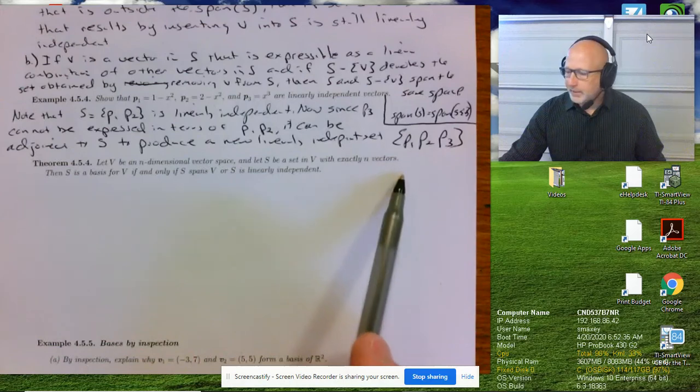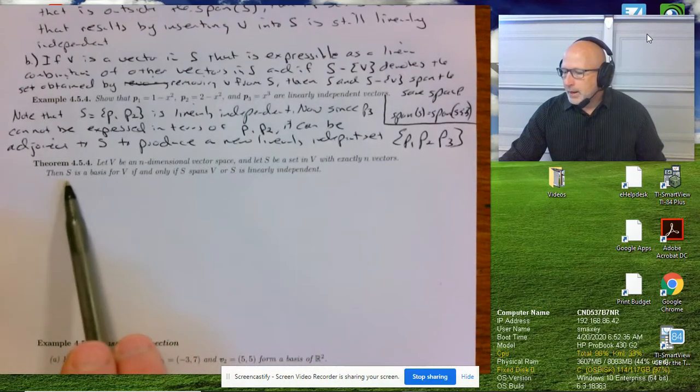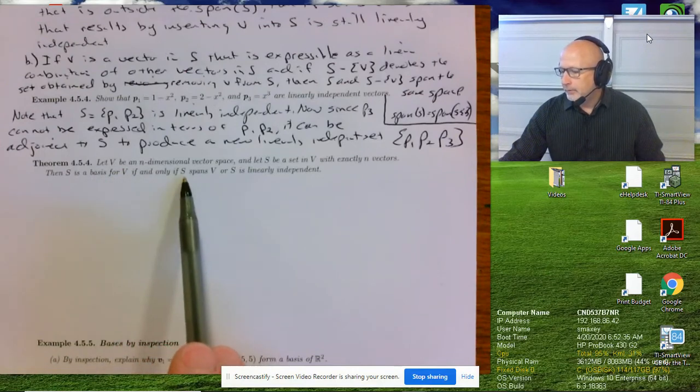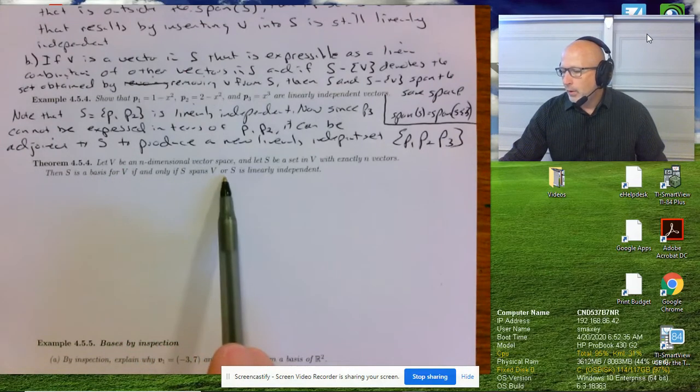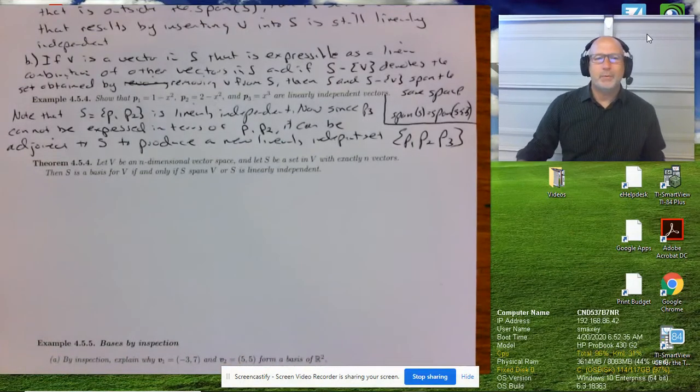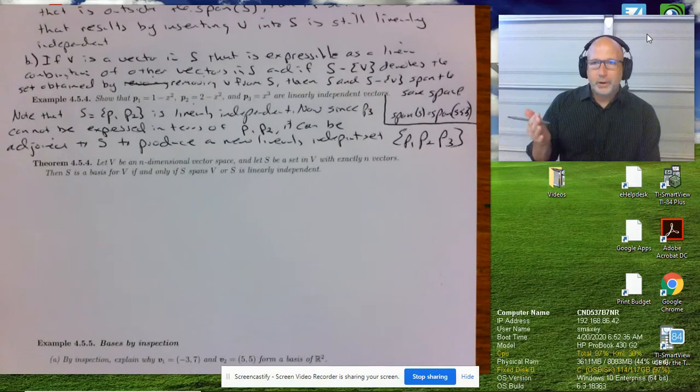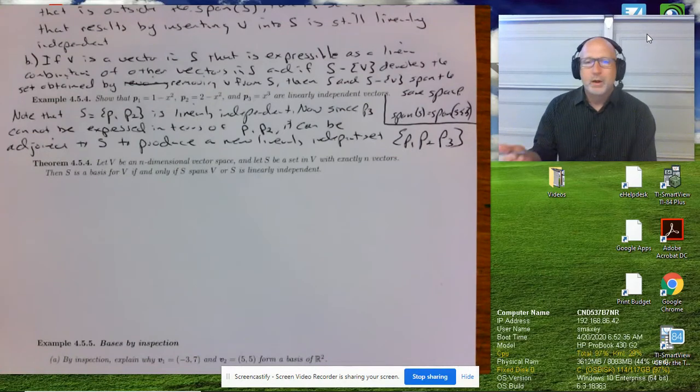Then S is a basis for V if and only if S spans V or S is linearly independent. So what are we doing? We're actually taking out one of the conditions. It has to span and it has to be independent, right? But what we're doing is simplifying to say it only needs to be one of them, because doing one will imply the other. That's what this theorem is stating.